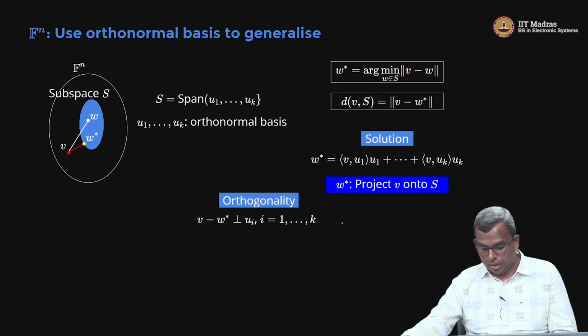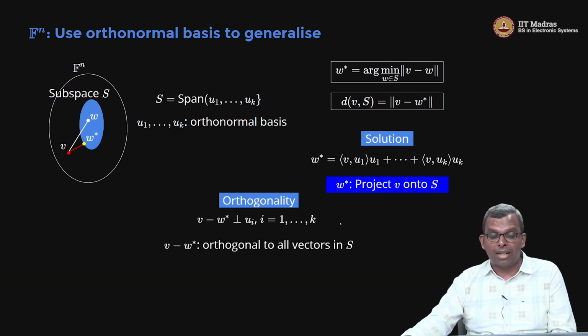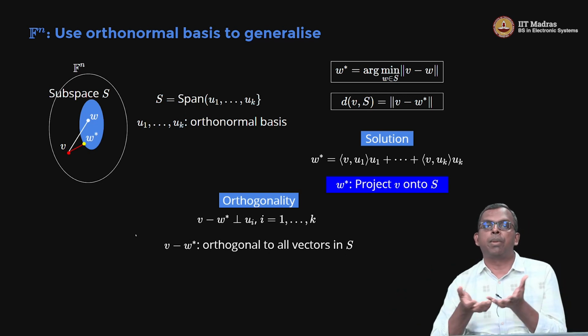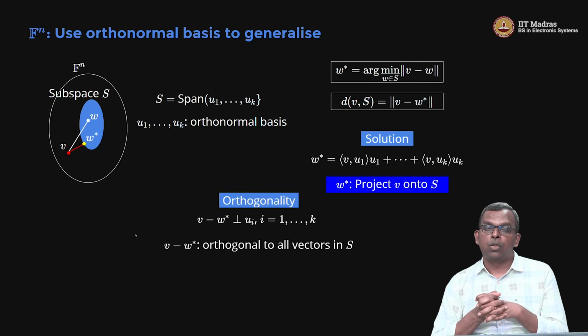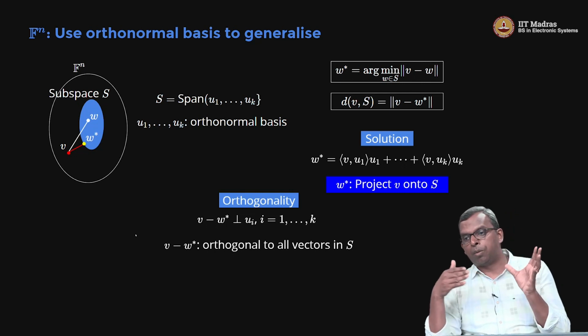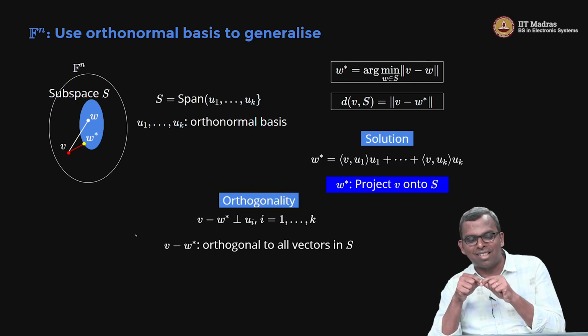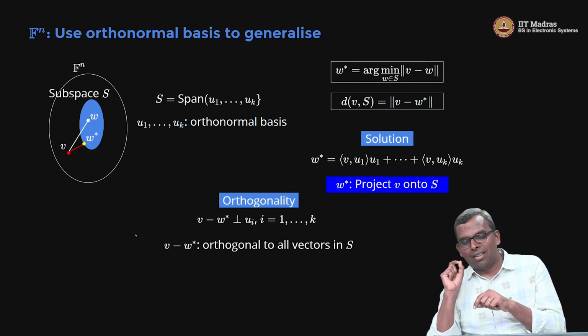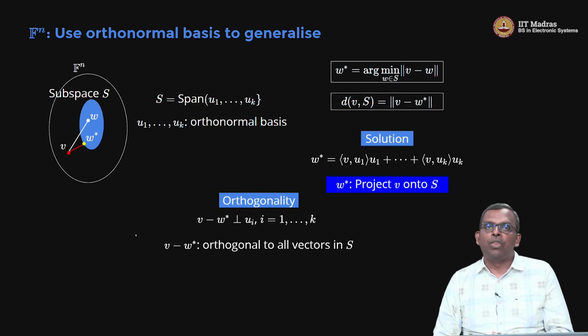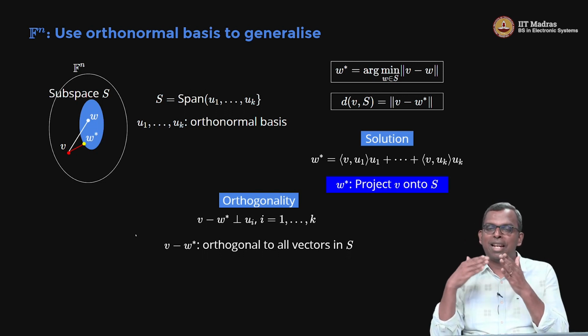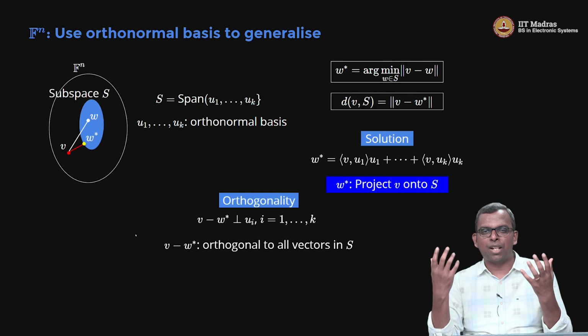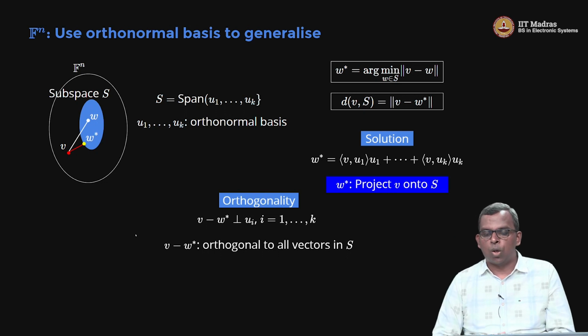That you can quite easily show. And then because of that, here is the interesting property. Now if it's orthogonal to every ui, it's orthogonal to everything, right? So this v minus w star is orthogonal to the entire subspace. Okay, so there is this vector which is orthogonal to the entire subspace but passes through v, and where it hits the subspace, that w star ends up being the closest vector to v. Okay, so look at the similarity between the straight line and the orthogonal, etc. Same idea carries over because of this orthonormal basis property.